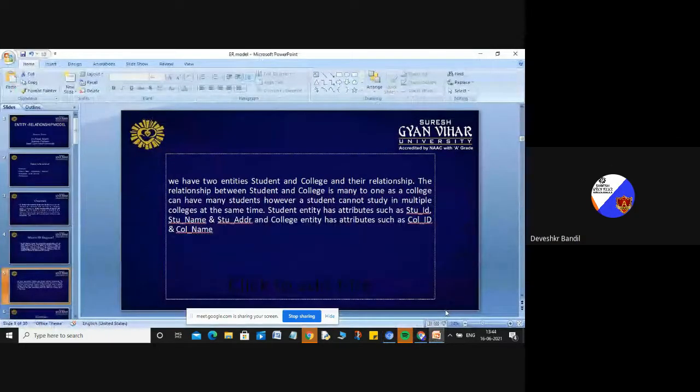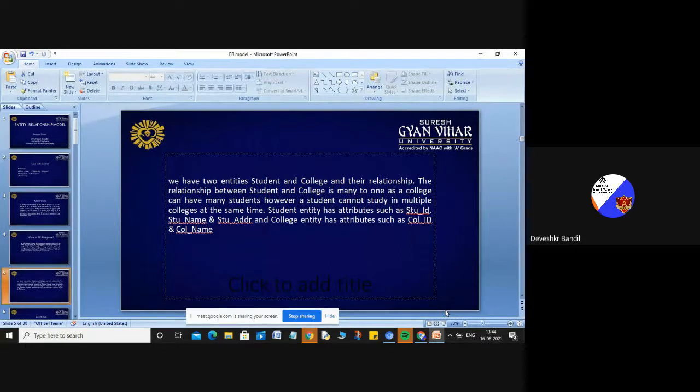The relationship between student and college is many to one, as a college can have many students. Many students study in one college. That's why the relationship between student and college is many to one. However, a student cannot study in multiple colleges at the same time.